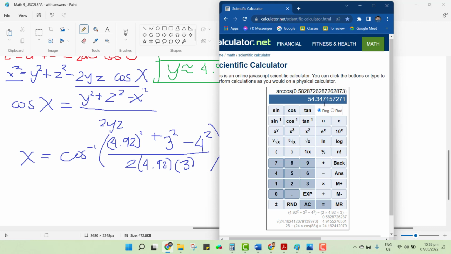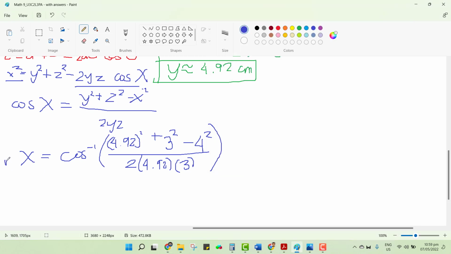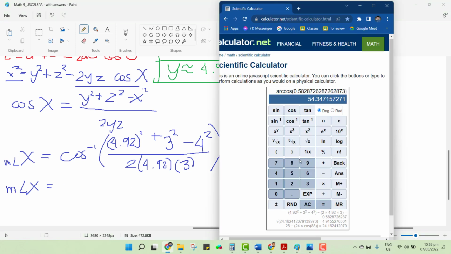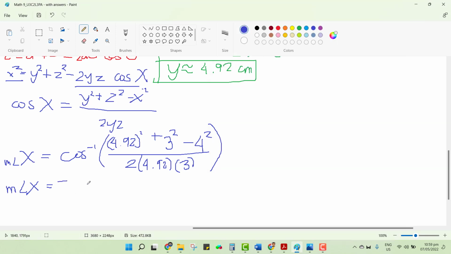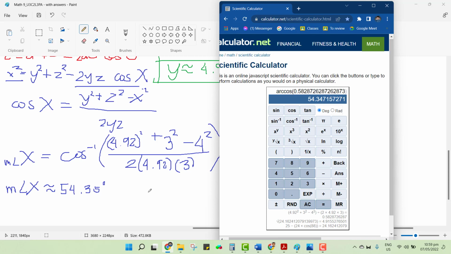You have 54.35 degrees. This is the measurement of angle x, approximately 54.35 degrees. Notice that the unit for the angle is still degrees, no longer centimeters.